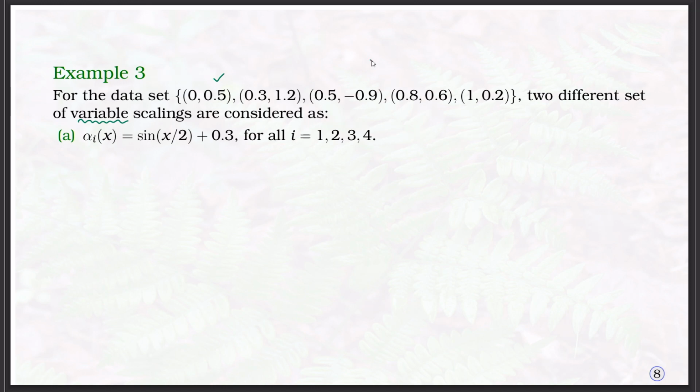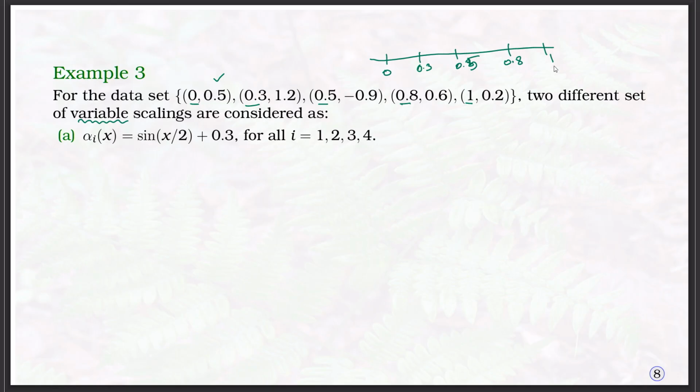So here we have the x values 0, 0.3, 0.5, 0.8, 1. In the previous example, while discussing, we had taken x-axis values at equal distances, whereas here we are taking non-equal points.